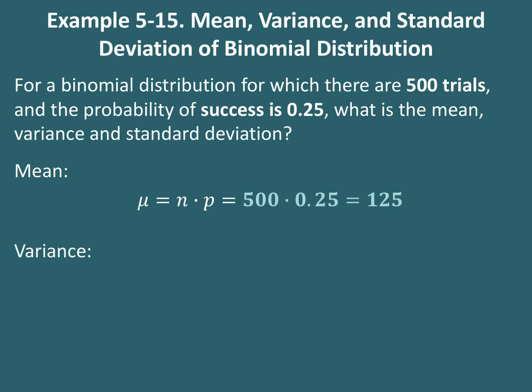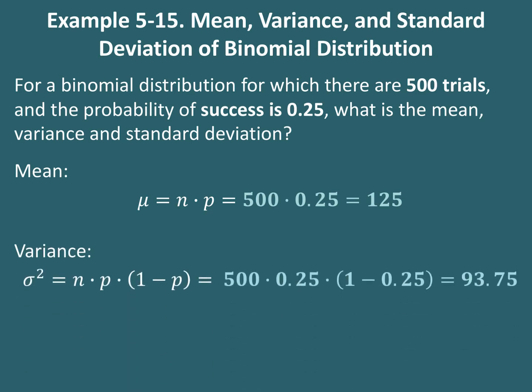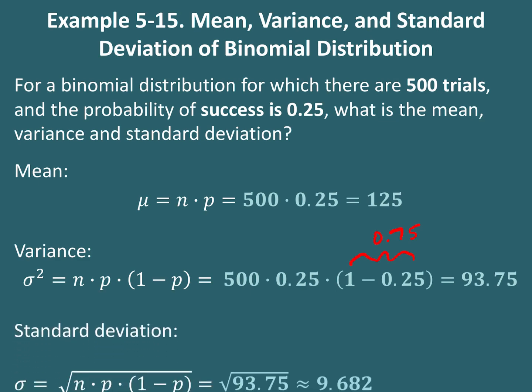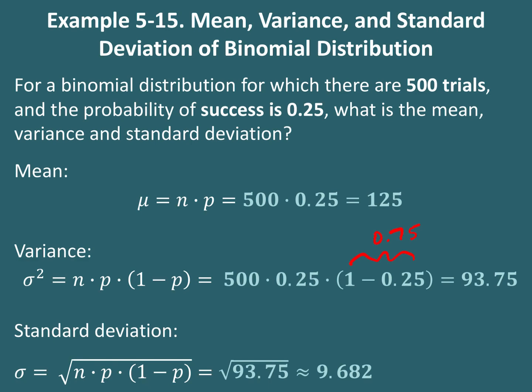The variance, once again, is n times p times 1 minus p. That is 500 times 0.25 times 0.75, giving us 93.75. Simply take the square root of the variance, and we get the standard deviation.